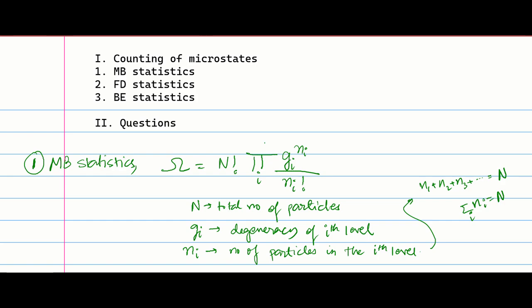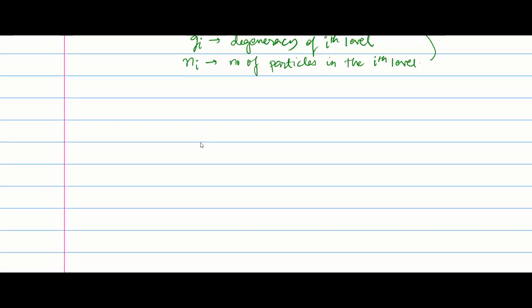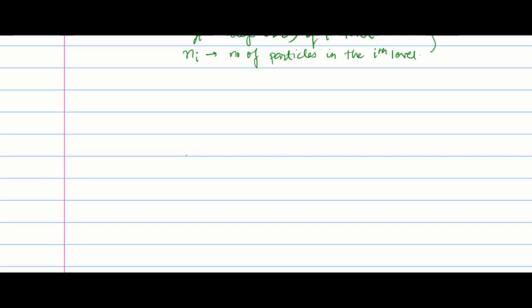Now just to make things clear, let's do a little bit of permutations and combinations. Let's say there are some n identical objects, like these n circles, and let's say r triangles.